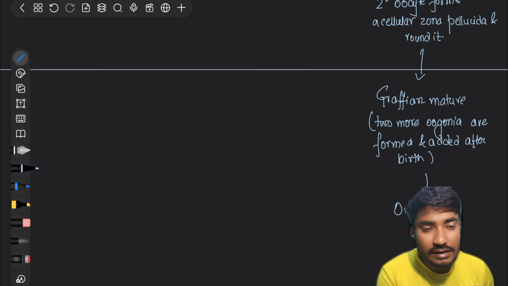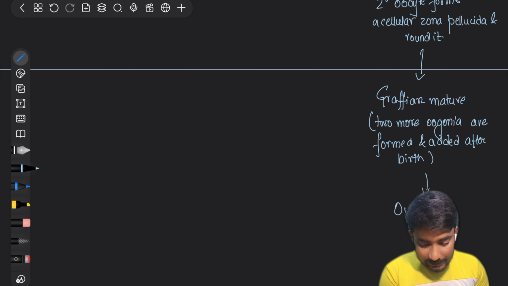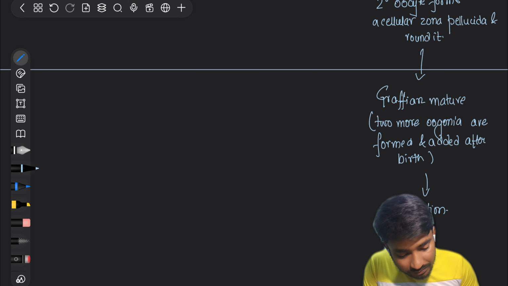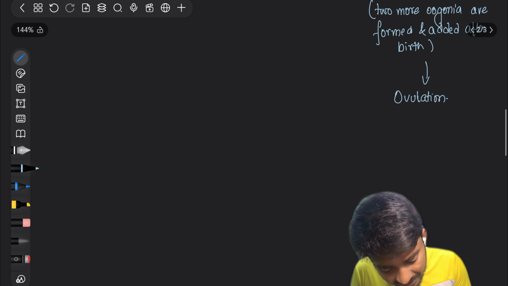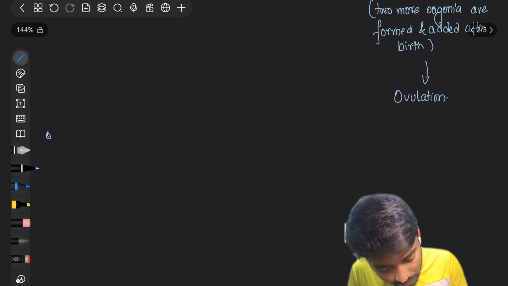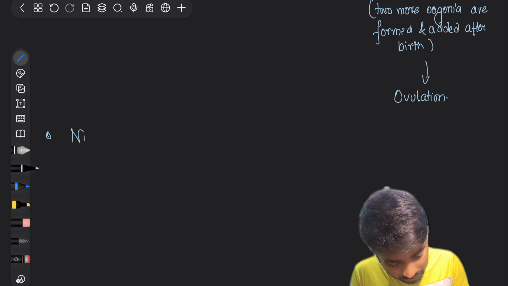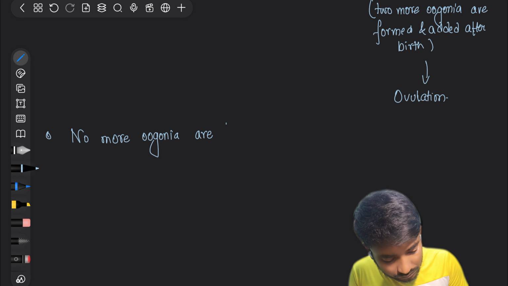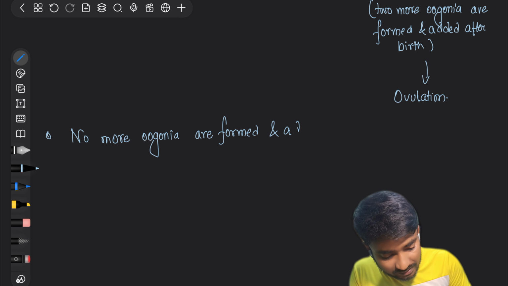So this is the process by which gametogenesis happens in male and in female. Now note some points. No more oogonia are formed and added after birth.